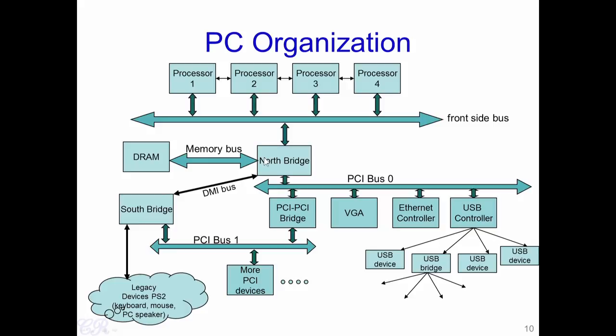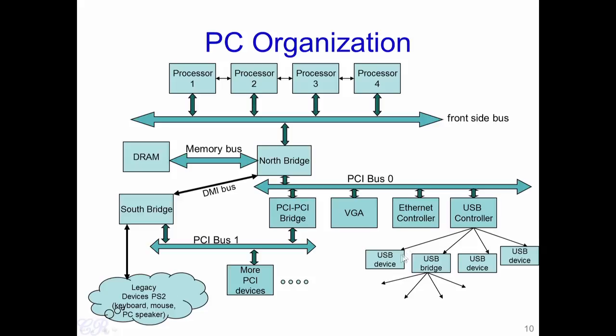So, the north bridge would interface with the memory through what is known as the memory bus, and it also interfaces with the PCI bus. On the PCI bus, you could have several devices like the Ethernet controller and the USB controller, and the USB controller could have many USB devices which you see at the front or the back of your desktop.